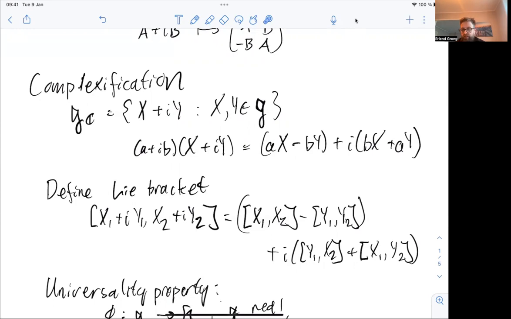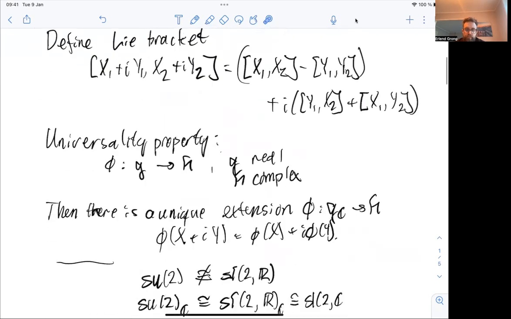So this allows me to go from a real Lie algebra to a complex Lie algebra, and there's this universality property that says that if you have a Lie algebra homomorphism from a real Lie algebra into a complex one, then you can extend this to its complexification.